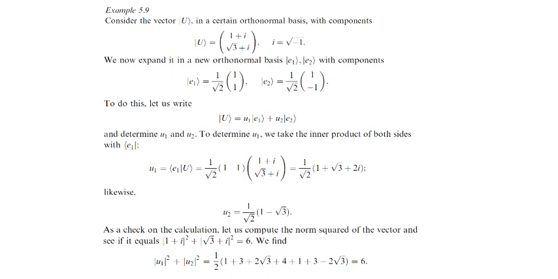And the previous components of the vector were given by 1 plus i and root 3 plus i. You take the modulus of 1 plus i square plus root 3 plus i square, and that will also give you 6. This is similar to the case that we have considered before, rotation of a coordinate system, where the length of the vector is invariant upon rotation, but the components only change.